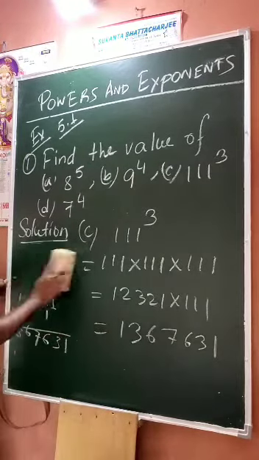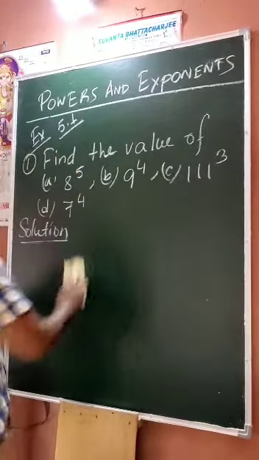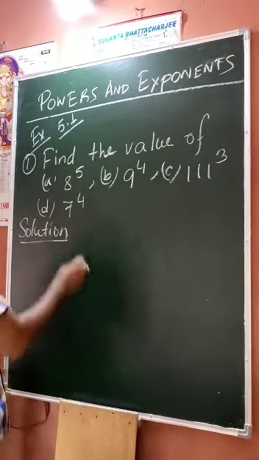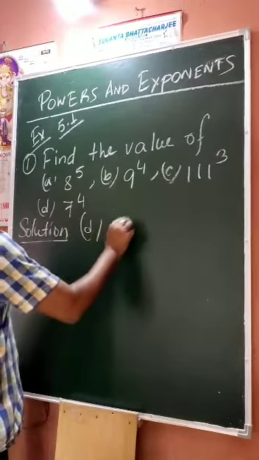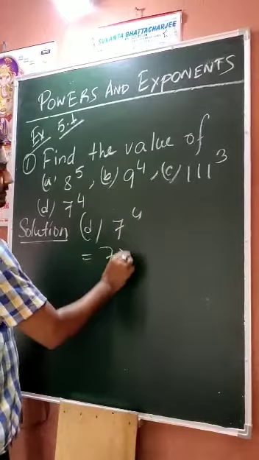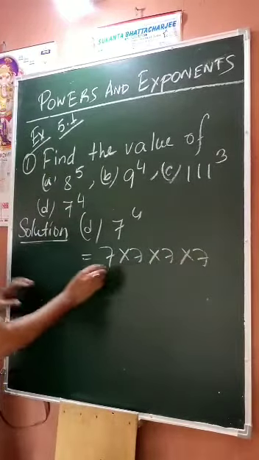So the next one is easy, 7 to the power 4. That means 7 is multiplied 4 times. Okay. So 7 7s are 49, you know.